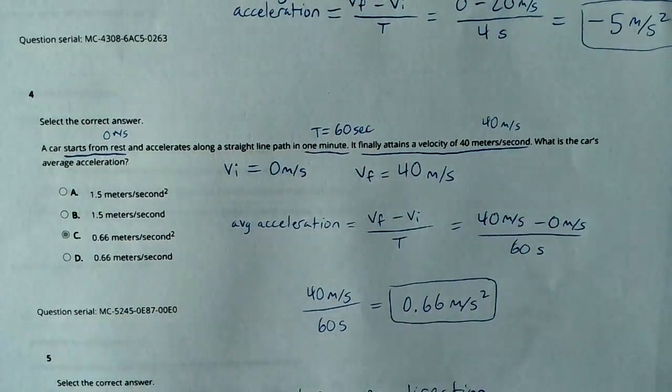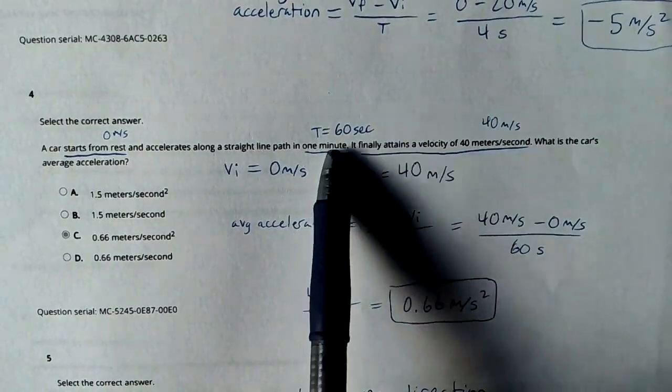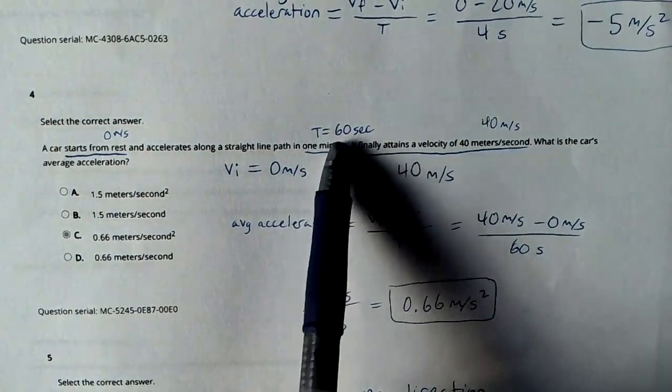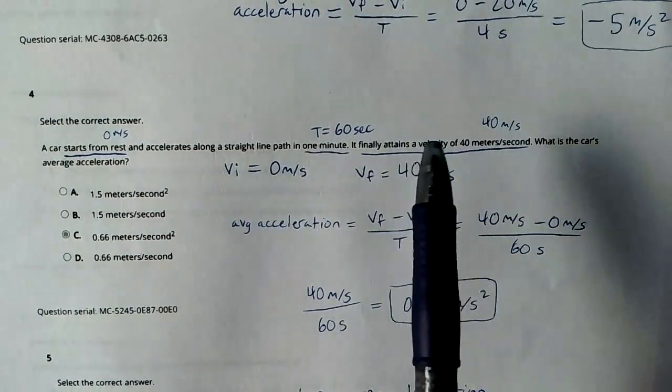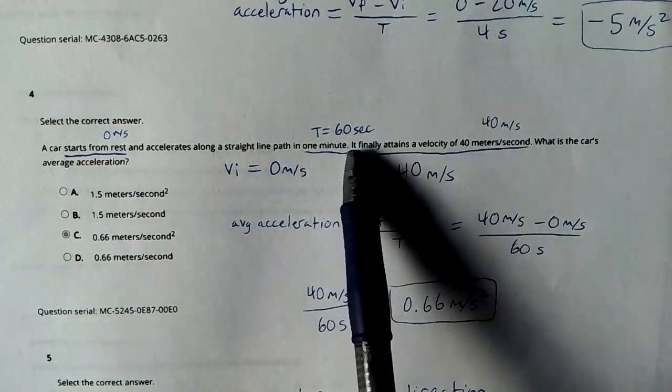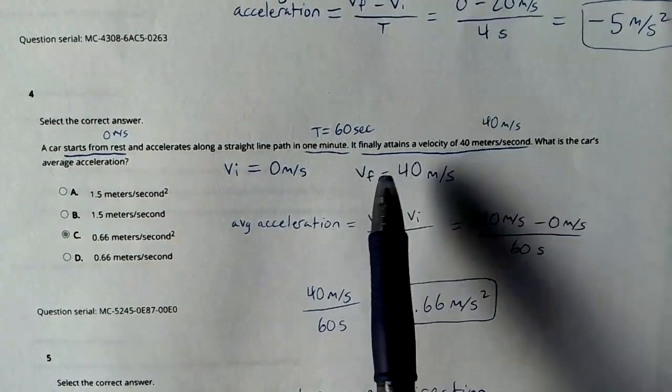A car starts from rest, so that means 0 meters per second, and accelerates along a straight line path in 1 minute. So we know that 1 minute equals 60 seconds. It's good to keep that in mind and write that down so you don't forget to use seconds instead.